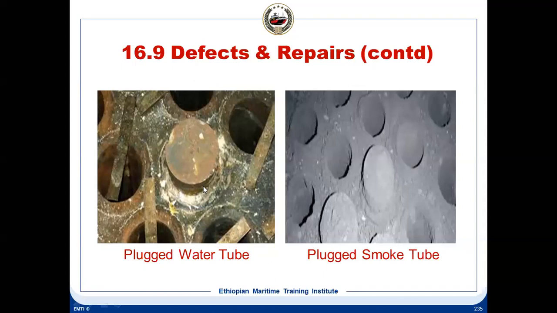This is a water tube that has been plugged. So this plug can be made of MS, because you see the diameter. If you take the coefficient of expansion, it is not that we are taking two very dissimilar materials.